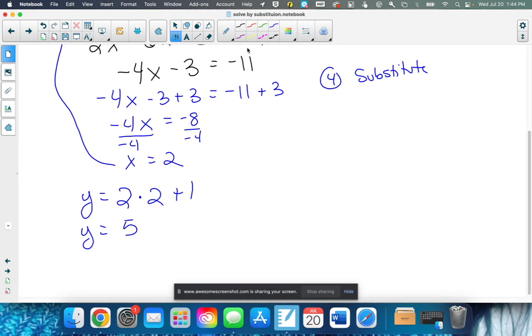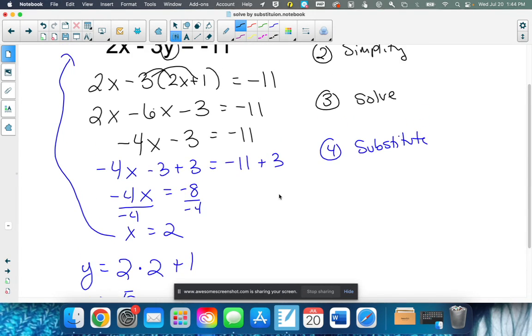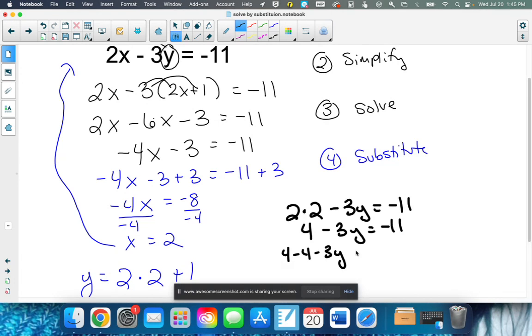Now, if you were to substitute into the other function, again, it's not wrong. You would have 2 times 2 for the 2x, minus 3y equals negative 11. That's 4 minus 3y equals negative 11. I would subtract 4 from both sides, right? So 4 minus 3y, negative 11 minus 4.